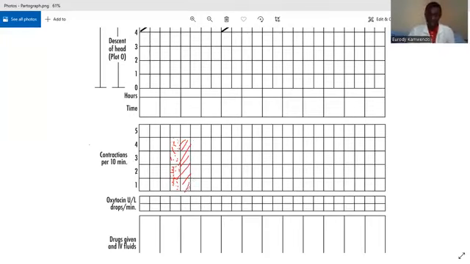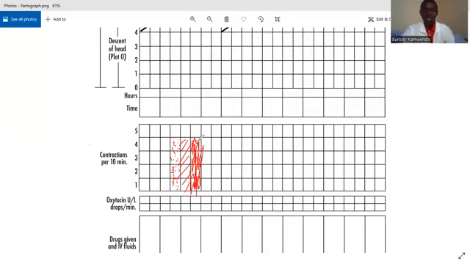Then apart from that, if the woman is having contractions which are lasting more than 40 seconds, in this particular case, you are going to shade these boxes. So if the contractions were 4, you fill the boxes by shading them.